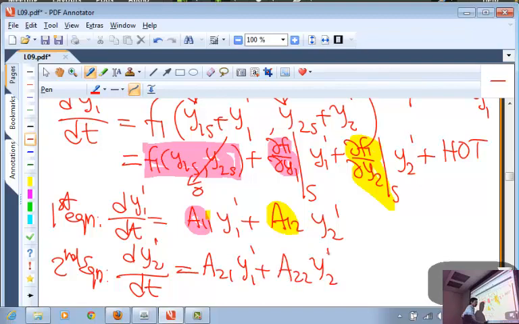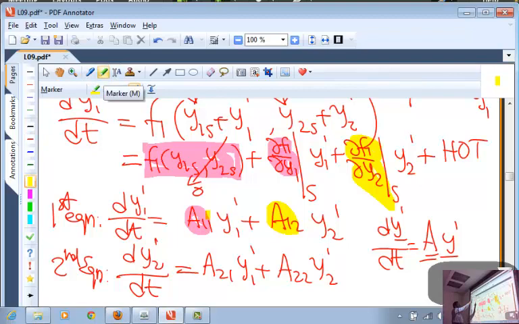And this is what I write in vector matrix form as dy prime dt equals A y prime. A is that matrix consisting of these four coefficients, a11, a12, a21, a22, evaluated at the steady state. So this is the Jacobian matrix evaluated at the steady state.